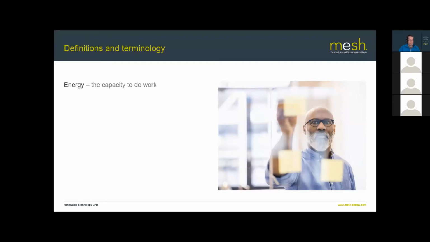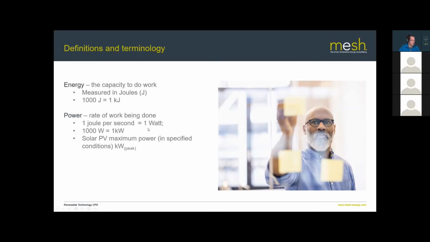Okay, so next is more about the nomenclature of some of the measurement units that we use. The first one is energy, which is the capacity for something to do work, and that's measured in joules, and 1,000 joules is a kilojoule. And then we talk about power. Power is the rate at which energy is being transferred, or the rate at which work is being done.